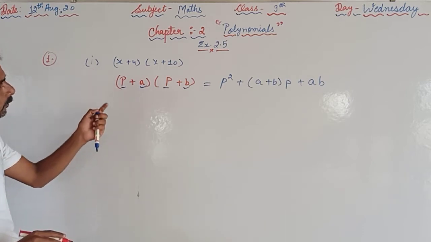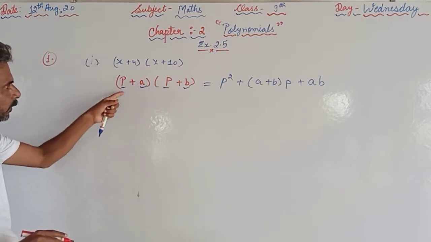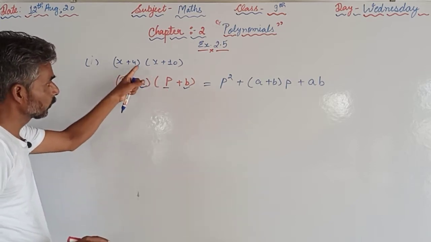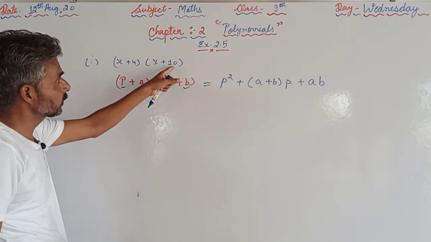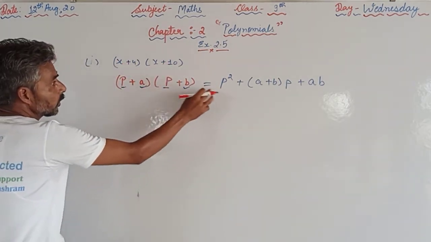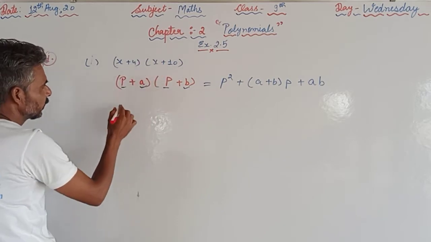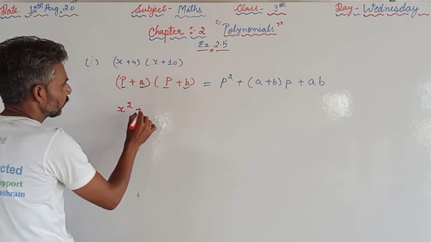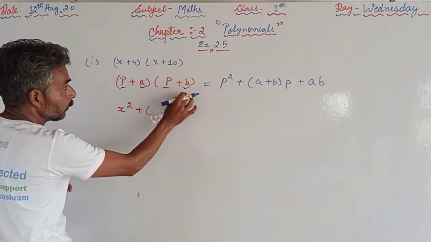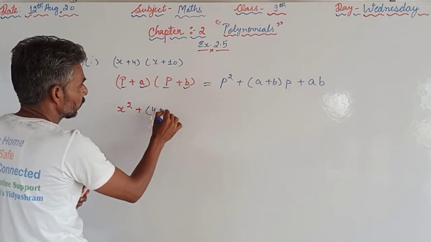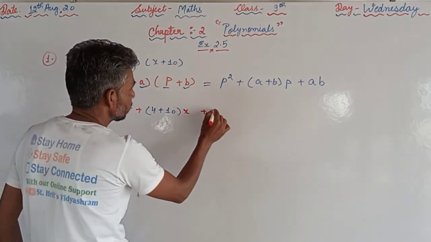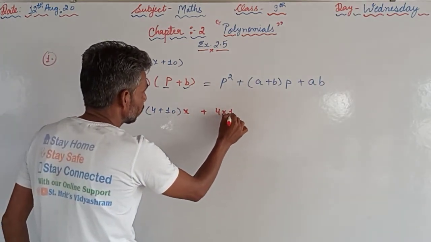In this question, in place of p there is x, in place of a there is 4, and in place of b there is 10. So the answer will be, here we write p square because p is the same, so x square plus the sum of the numbers given here, (4 plus 10) into x, plus 4 into 10.